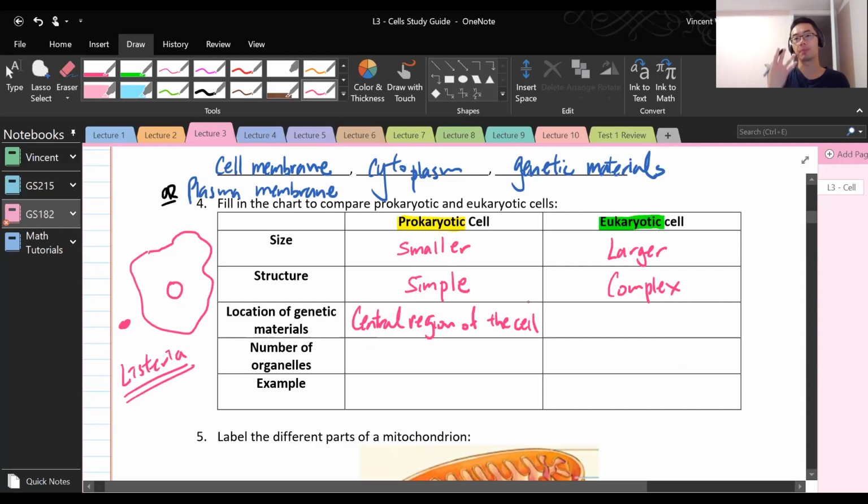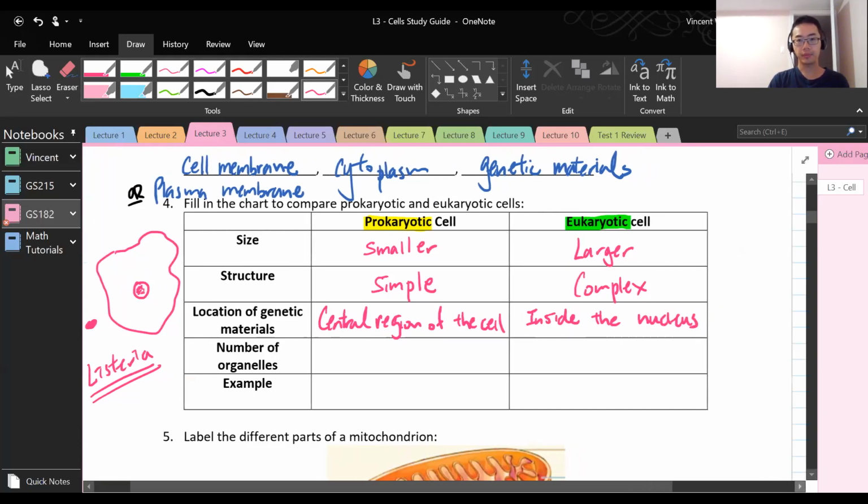There is no specialized compartment for it. But for the eukaryotic cell, the genetic material is located inside the nucleus. So this thing here that you will always see is inside the nucleus.